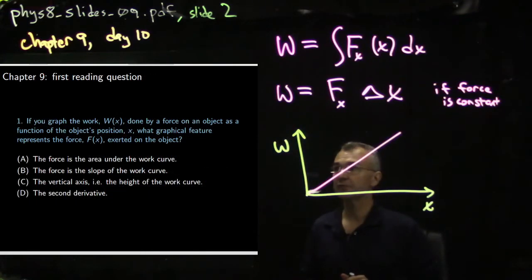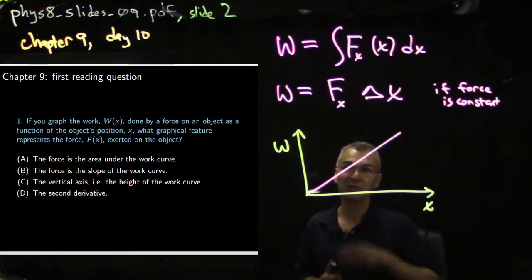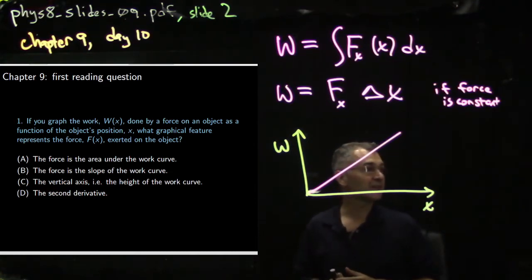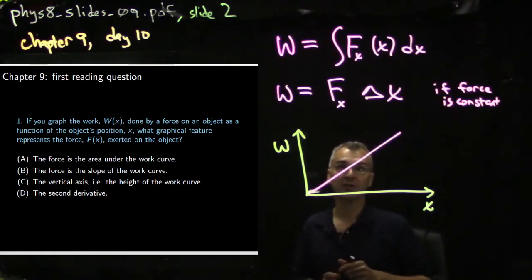If you graph the work done by a force on an object as a function of the object's position, x, or really as a function of the position of the point of application of the force, what graphical feature represents the force exerted on the object?